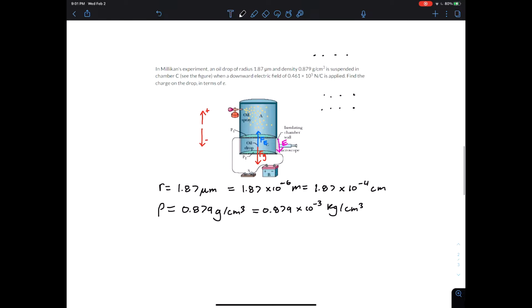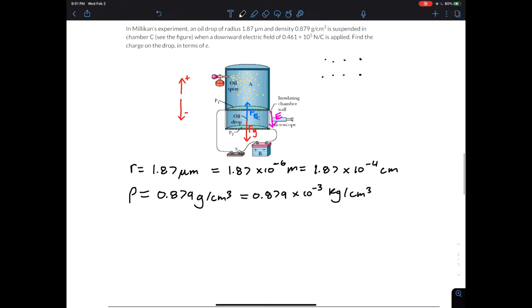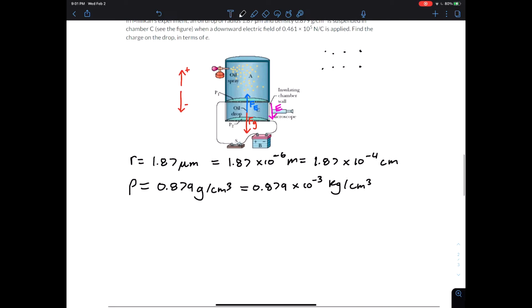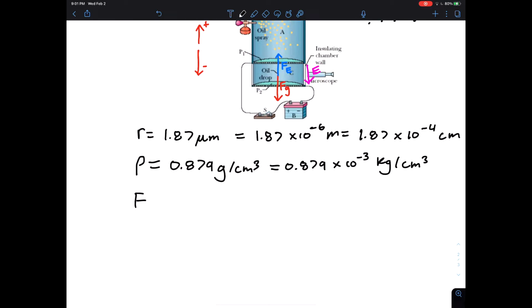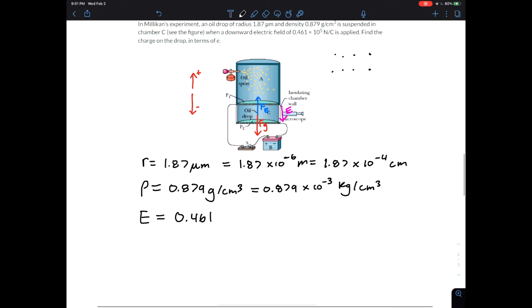Now, the other thing that we should write down is the magnitude of the electric field here. The magnitude of our electric field is 0.461 times 10 to the 5th newtons per coulomb.